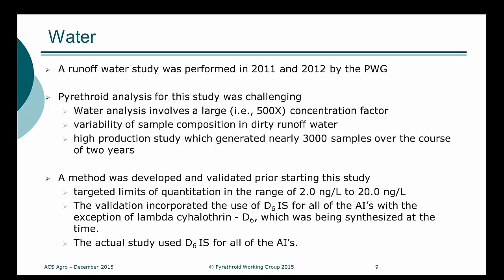We targeted LOQs for this method in the 2 to 20 nanogram per mL, or ppb, range, and incorporated all of the AIs for the study, with the exception of the validation, at which time we did not have lambda-cyhalothrin, which was being synthesized.